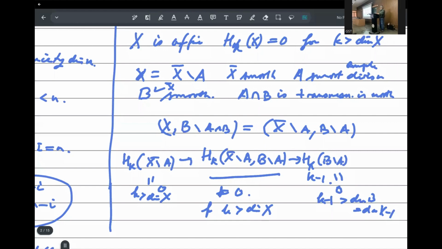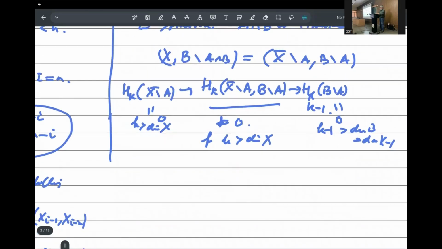But now I want to make a duality. Okay. So I want to do the same thing now with the dual thing, and the main idea is that there is an intersection pairing via which this is dual to H of X minus B, A minus B. Okay. Again, this requires a little bit of work, but let's grant this for the moment.